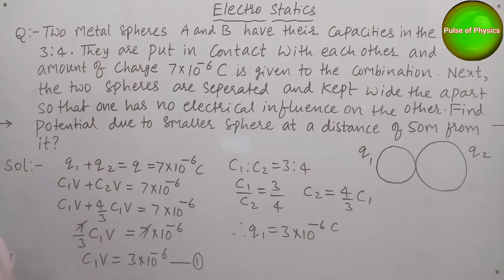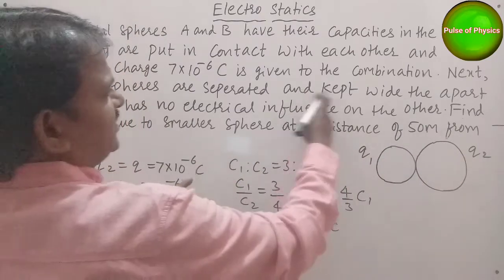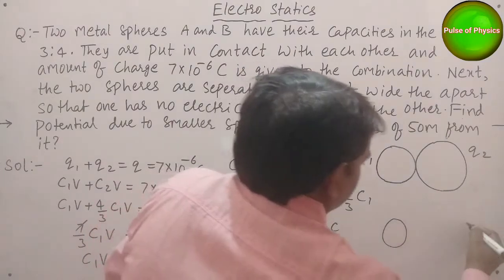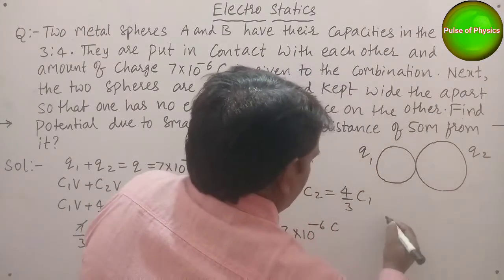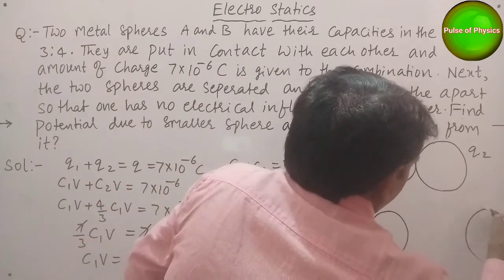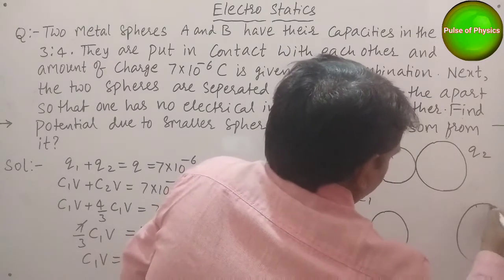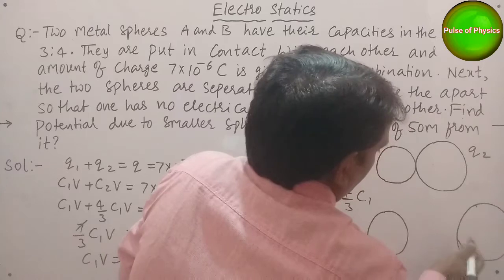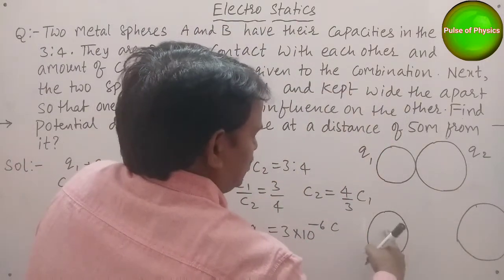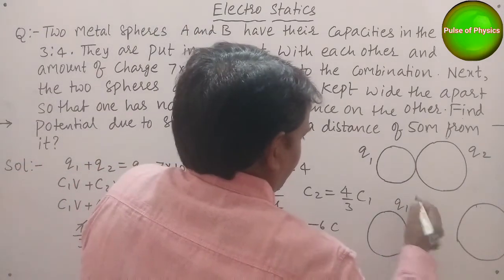We have to calculate from this sphere. Both are separated. In the next step, what happened? Both are separated, with no influence of one sphere on the other. This is the smaller sphere, this is the larger sphere. So this Q1 attains 3 × 10^-6 coulomb.